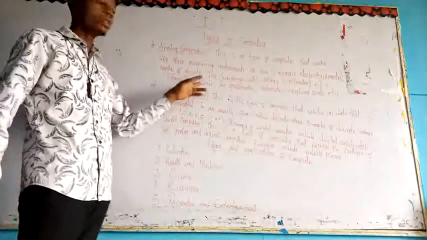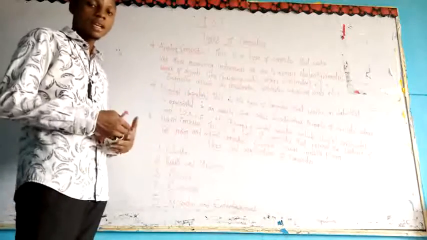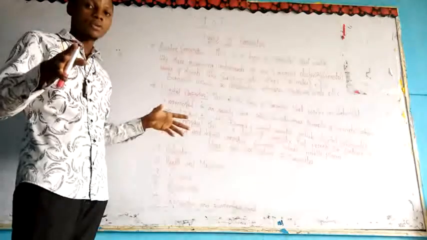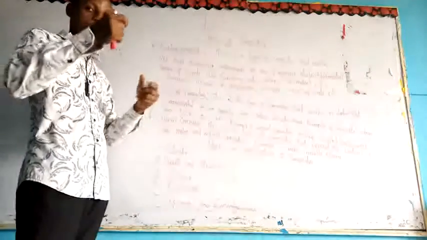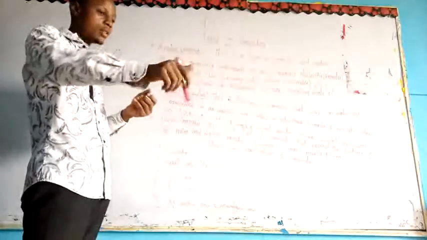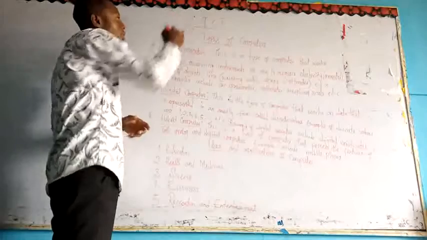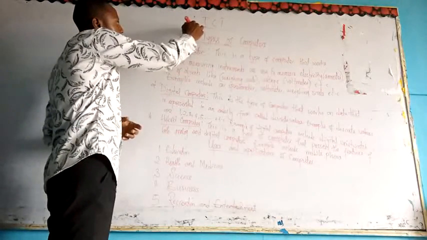So examples include the car speedometer. You must have seen a car speedometer. It's normally on the dashboard of a car. If you place your hand on the steering, you are going to see it. It looks like this. You see a pointer like this.